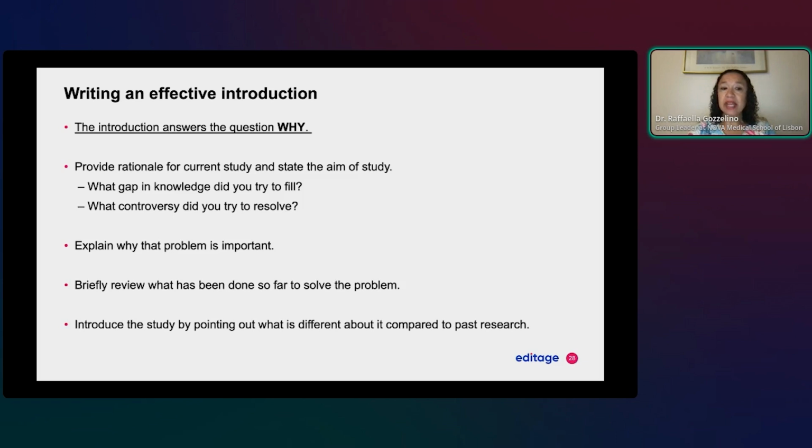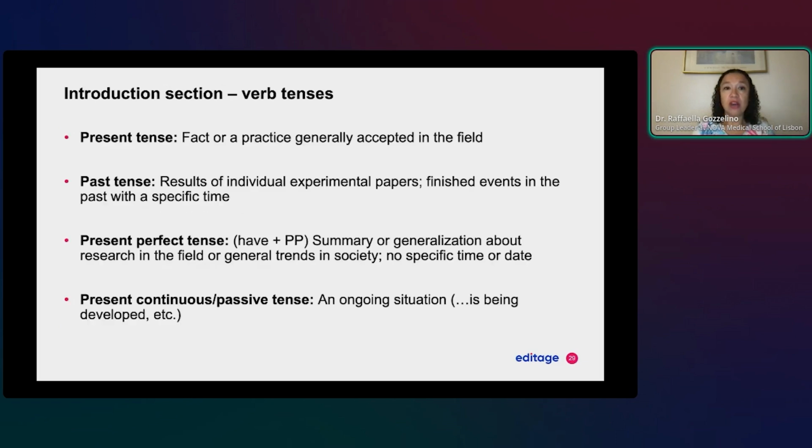And then you explain why that problem is important and briefly what has been done so far to solve the problem. And like this, you start introducing the study by pointing out what is different in your research compared to past investigations. And you start entering into more specific terms and then guide the reader towards the core of your manuscript.